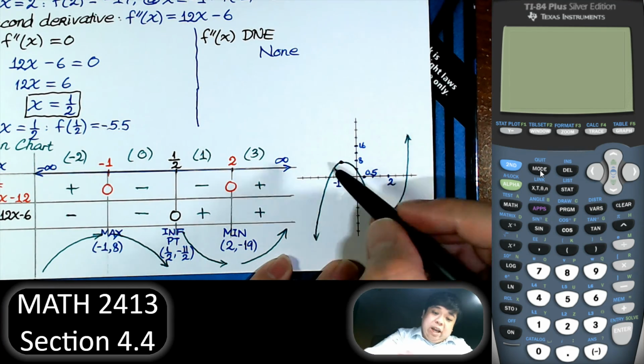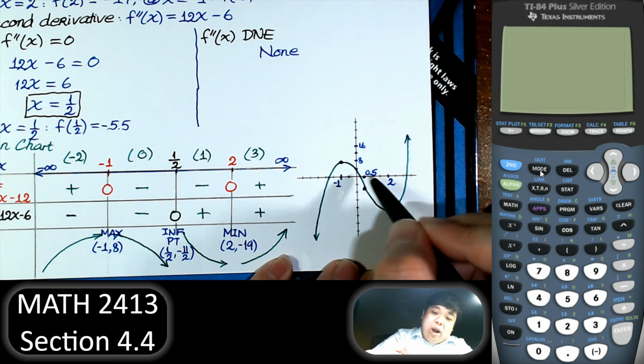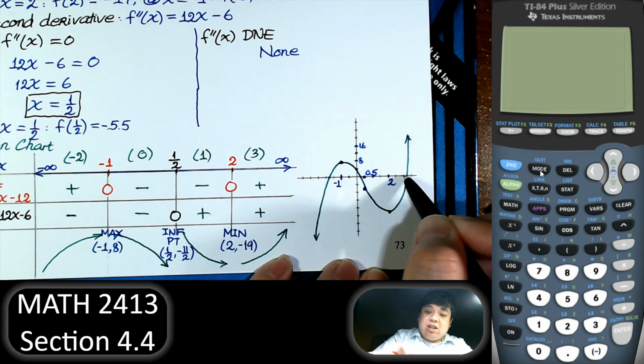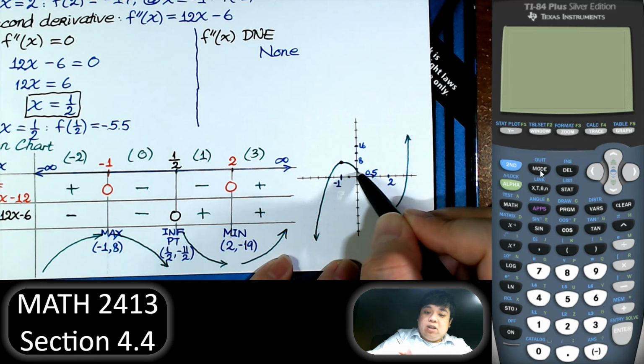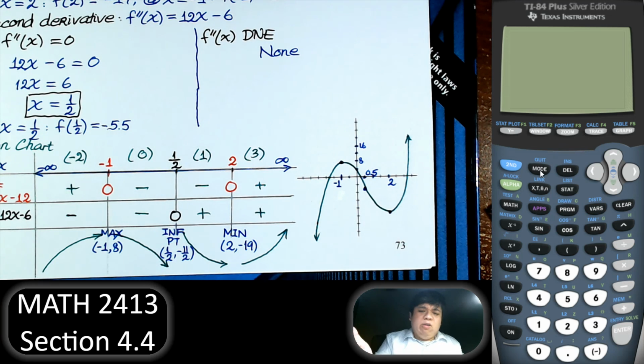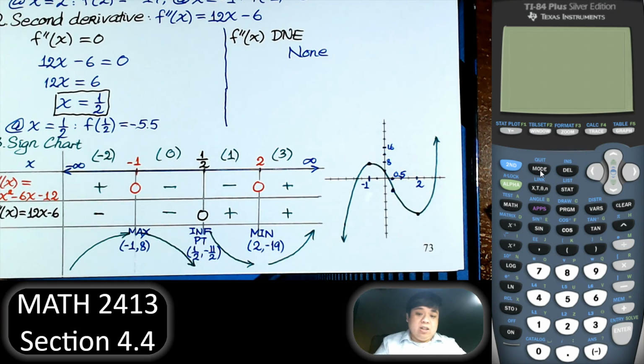Once again, we can find the x-intercept, so we know where it actually intercepts the x-axis, and we can find the y-intercept, so we know exactly where it intercepts here. Obviously, the more points we have, the better the graph is. But like I said, the focus here is only on the first and second derivatives.